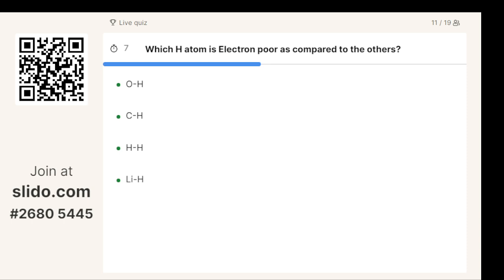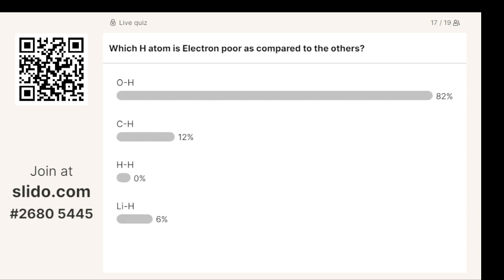Which one would be electron poor? Okay, and it is the OH. That's because OH has a much higher electronegativity, right? That's going to pull electrons away from the hydrogen, making it significantly more electron poor than the others would be. Now, the CH is actually more electron poor than the other two options.